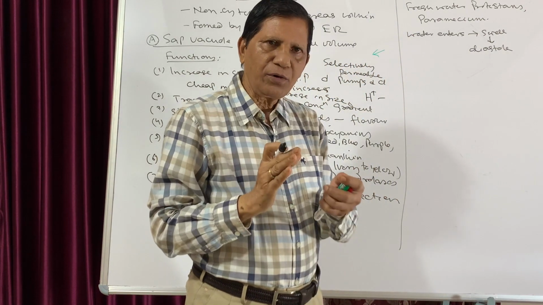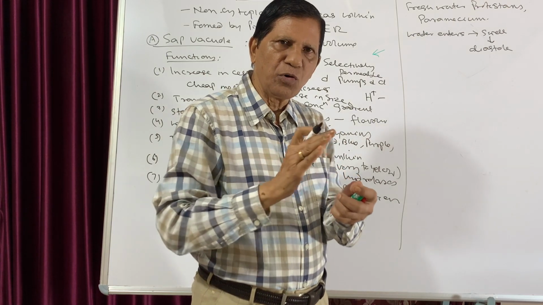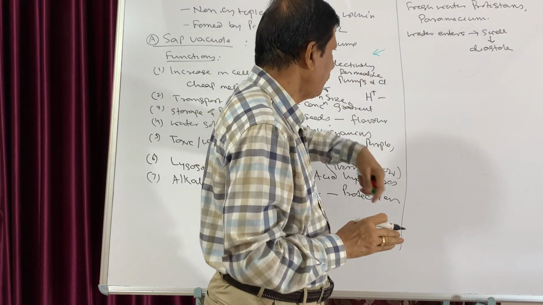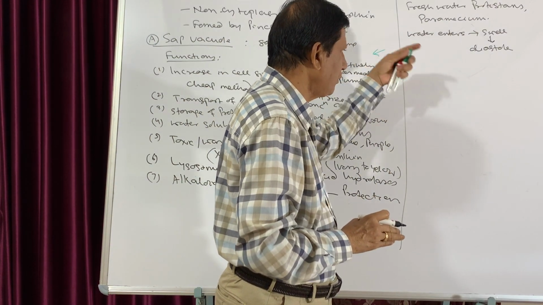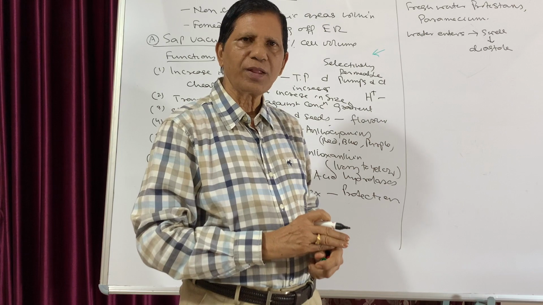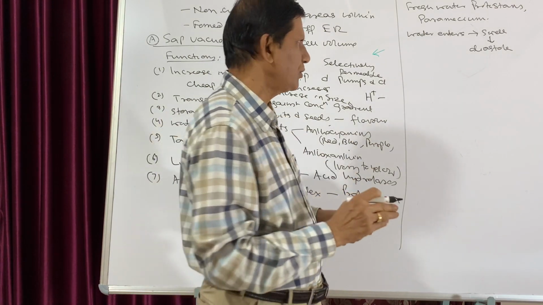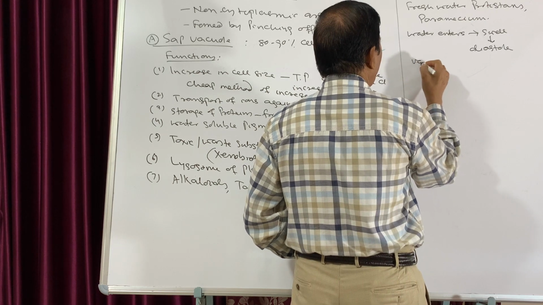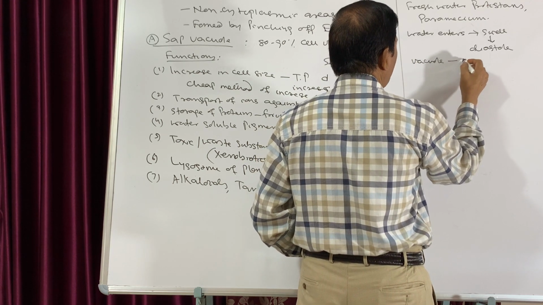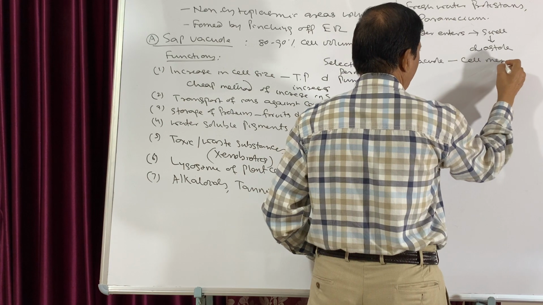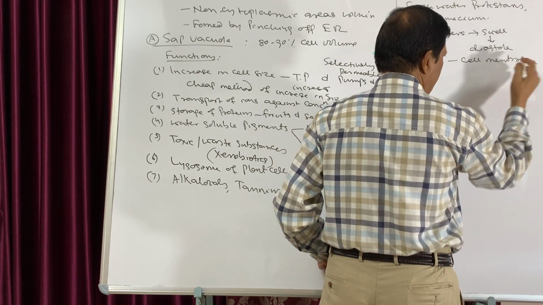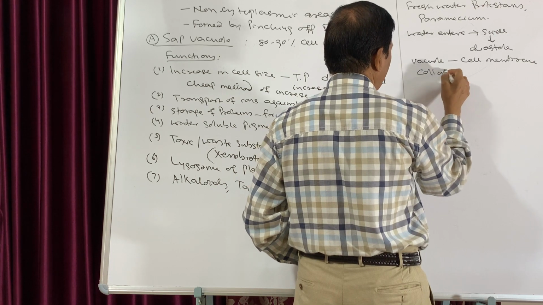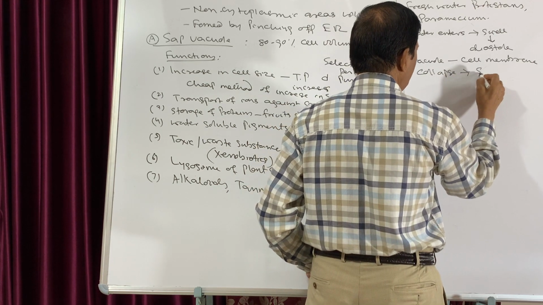Then the vacuole will move towards the cell membrane, where it will donate water, and now it will relax and collapse, which is known as systole.